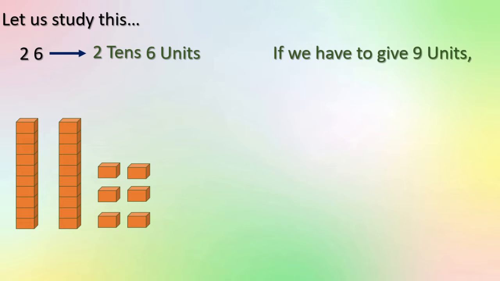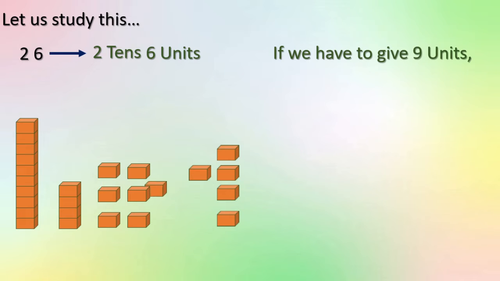So what do we do? We untie 1 ten. Yes? Okay, let us untie this 10. See here, 1 ten means we have 10 units, isn't it? Okay, these are 4 units. This is 5th, 6th, 7th, 8th, 9th and 10, right?